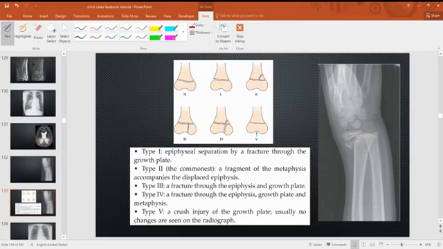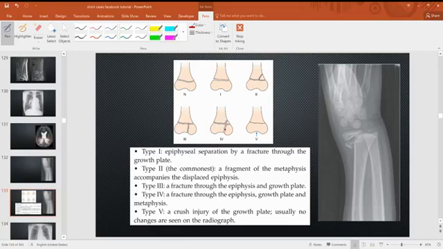In the Salter-Harris classification, type 1 is epiphyseal plate injury with or without displacement of the epiphysis. Type 2 is a metaphysis fracture and epiphyseal plate injury. Type 3 is an epiphysis fracture.